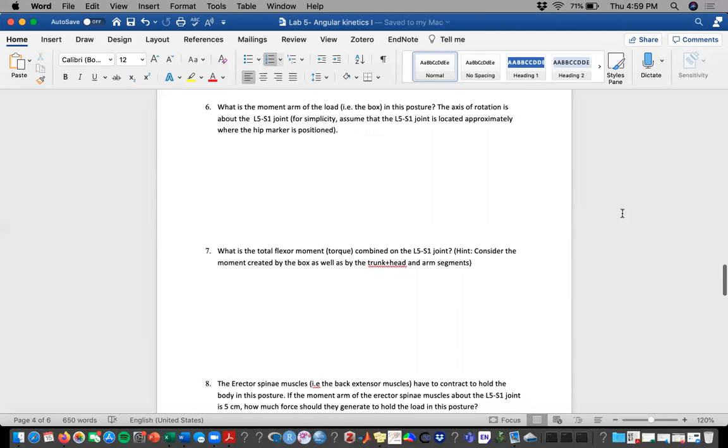And then questions 6 through 8 relate to torques or moments created on the spine from the box and other segments, so you're asked to compute the moment arm of the load, the total flexor moment or the torque, and forces that are needed to generate in order to maintain posture. These will require a little bit of computation, but you have all of the necessary information because you pulled those X and Y coordinates from your tracker files and pasted them into Excel.